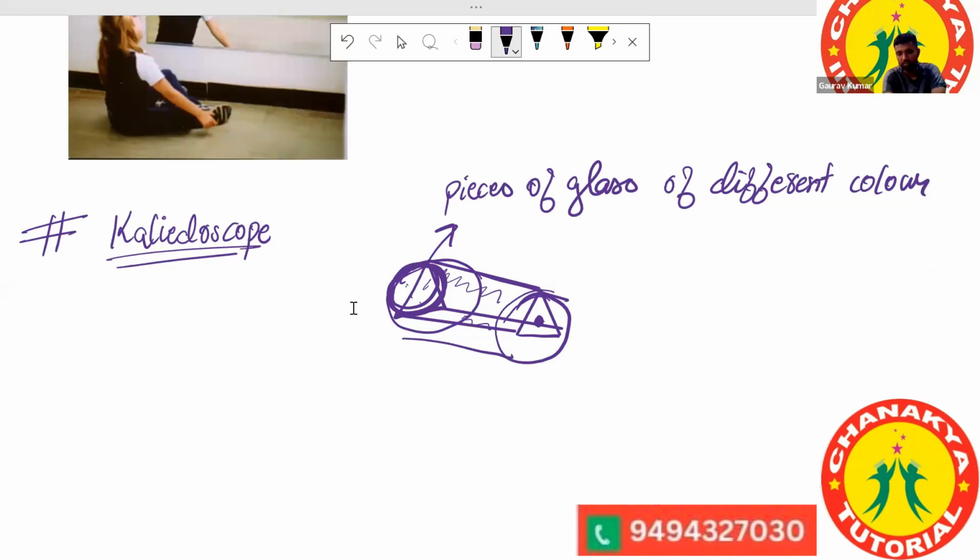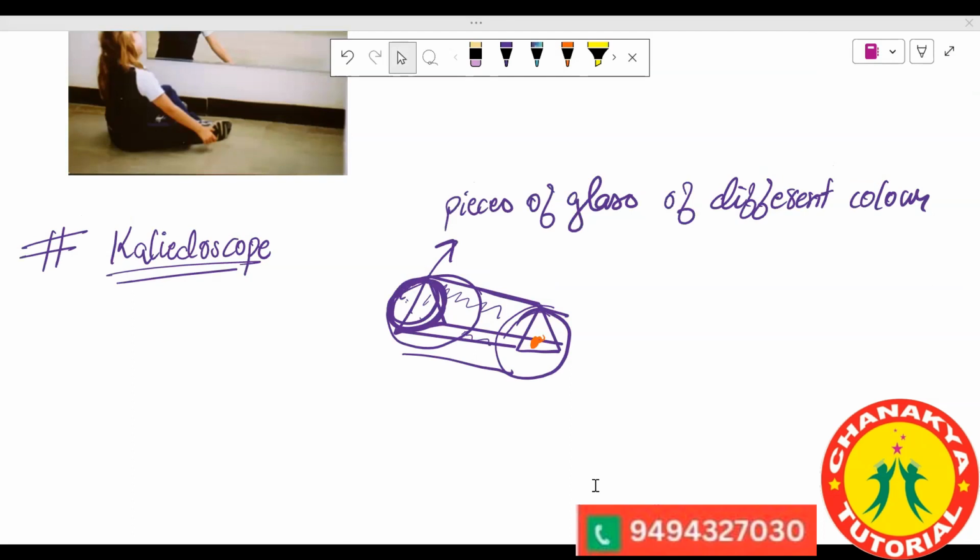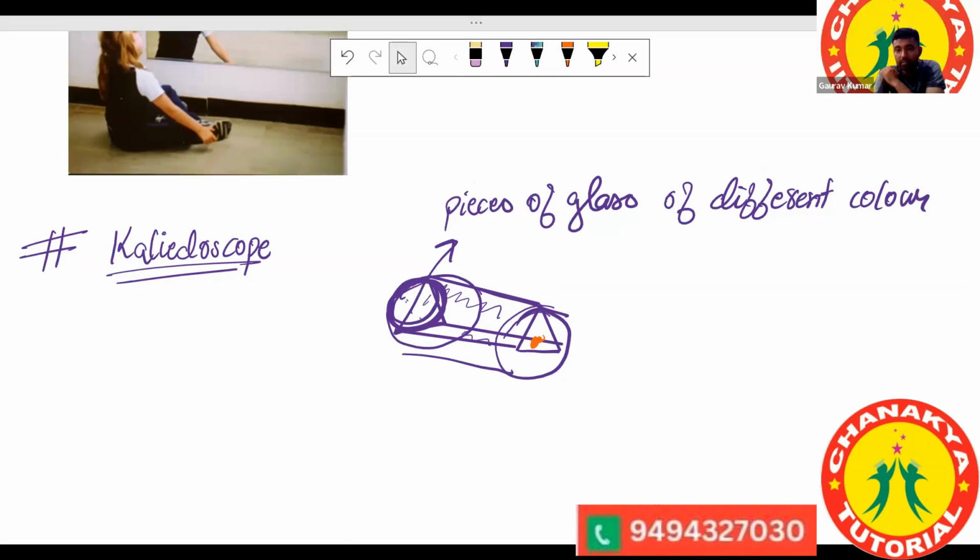If you peek through this hole, what kind of images you will see? Sir, we'll see different shapes of images, of different patterns, right?